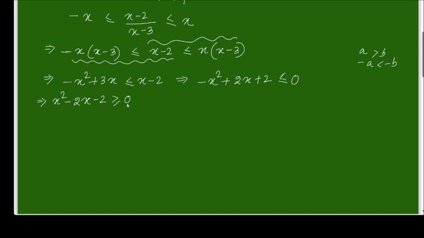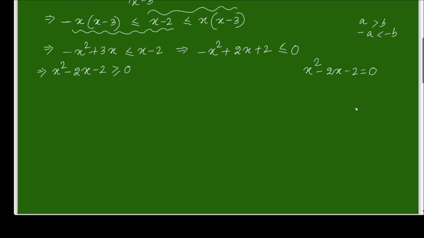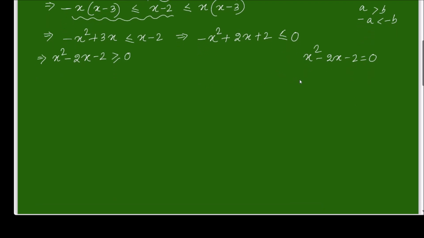What is the solution? For the solution, I need to write it in equation form: x square minus 2x minus 2 is 0. So I'll apply the quadratic formula. x is equal to 2 plus minus the square root of b square minus 4ac, which is 4 plus 8, whole upon 2. So I am getting 2 plus minus 2 root 3, by 2.